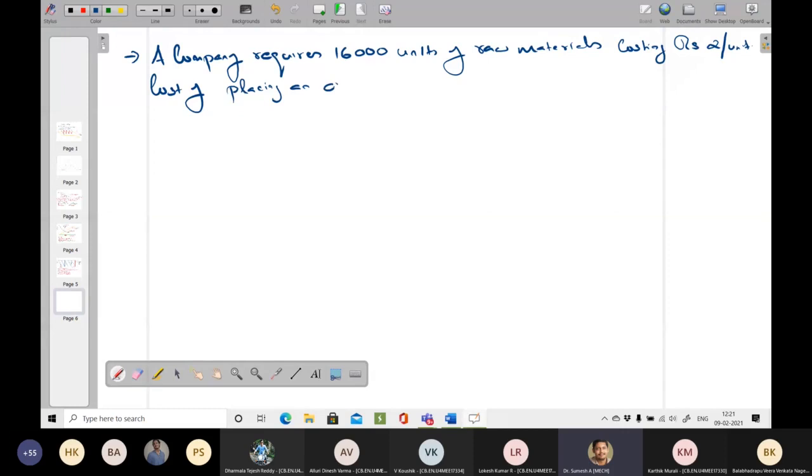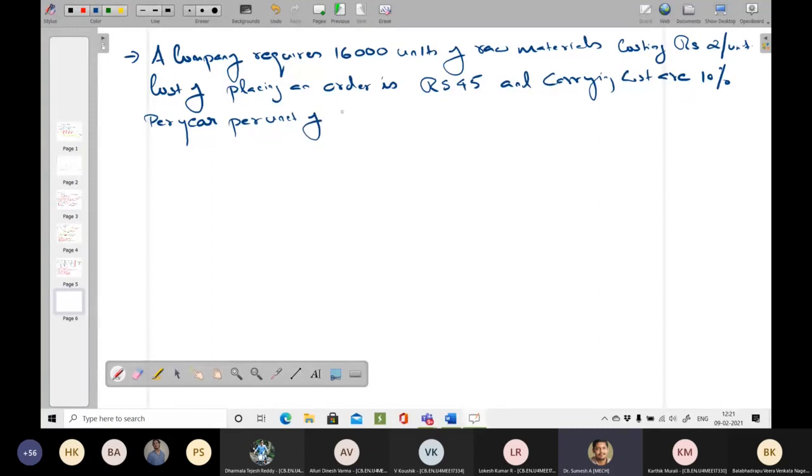Cost of placing an order is rupees 45 and carrying cost is 10% per year per unit of average inventory.